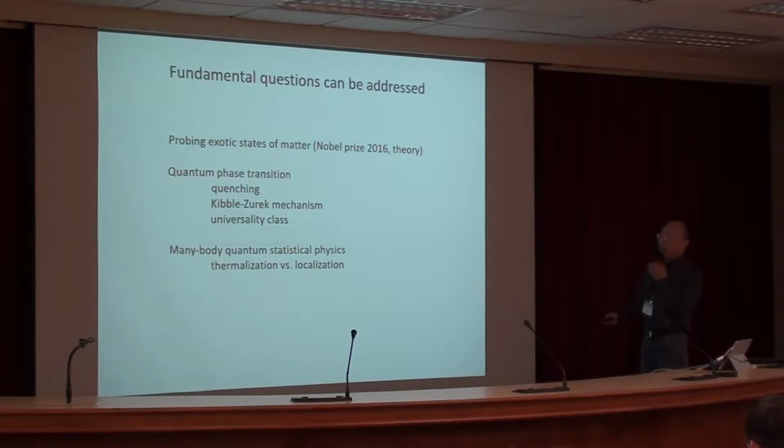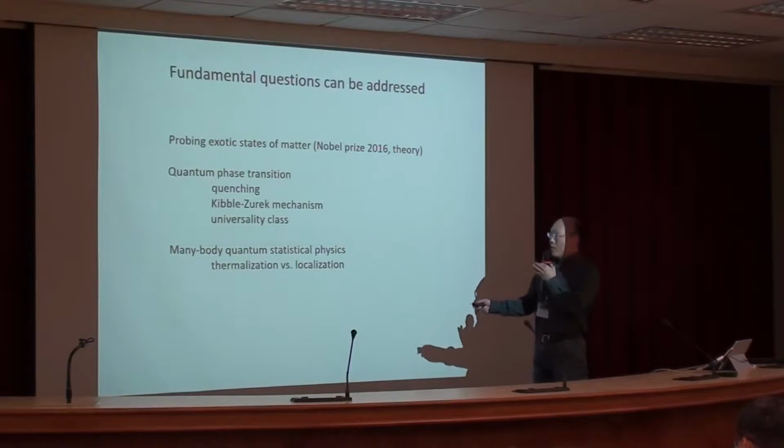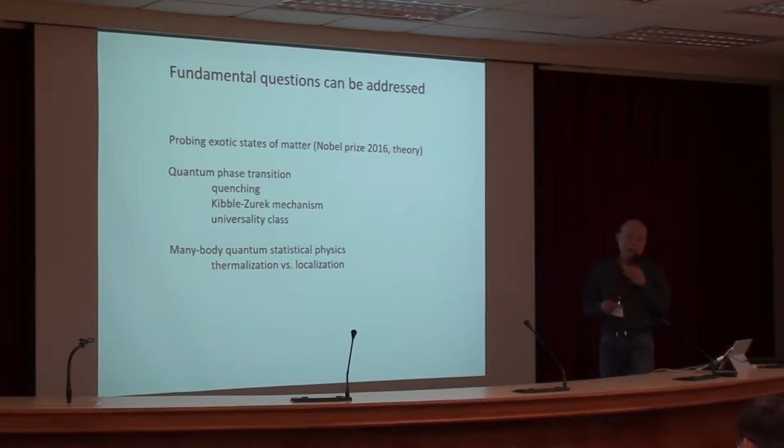Depending on the quenching speed, you may not end up in the ground state, but in some metastable state, where you have some topological excitation or some domains left, for example. And by looking closer at the phase transition point, you can discuss the universality class of the system.